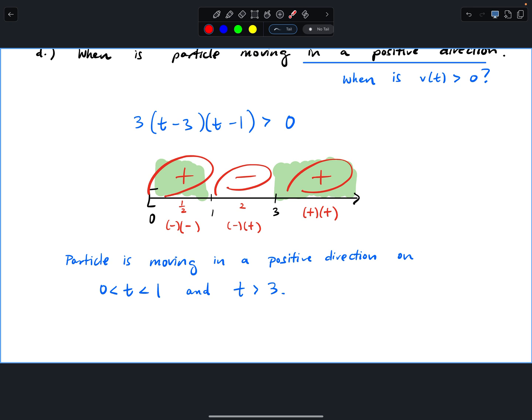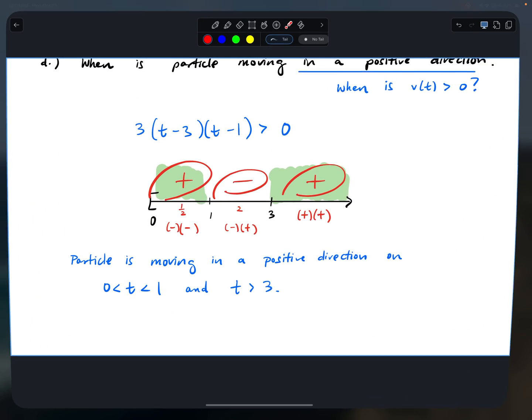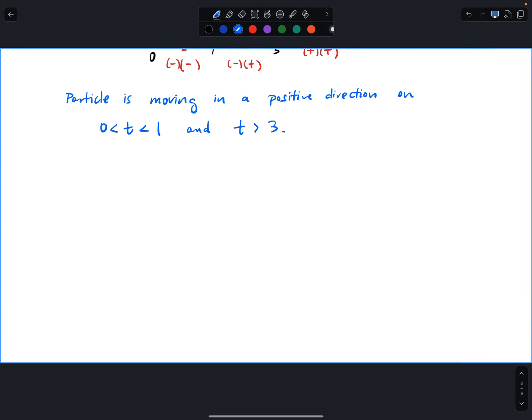Okay, how many more parts do I have? I have way too many tabs open. There's 2 more parts after this one too. I know. Should have just said it.